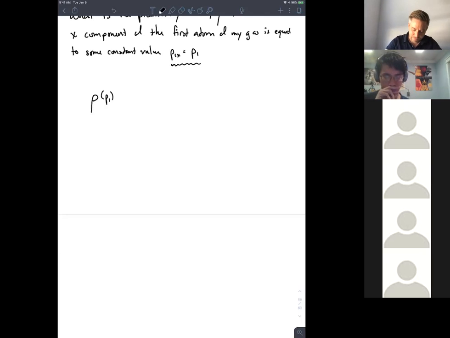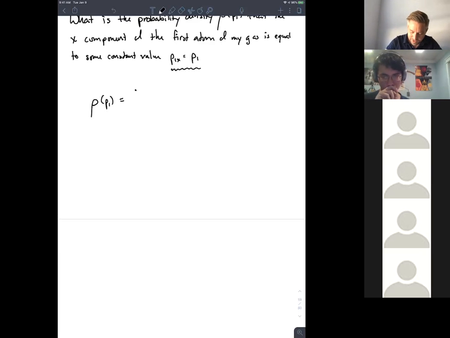So this is going to be equal to the volume of the subset of phase space where P1x is equal to P1.